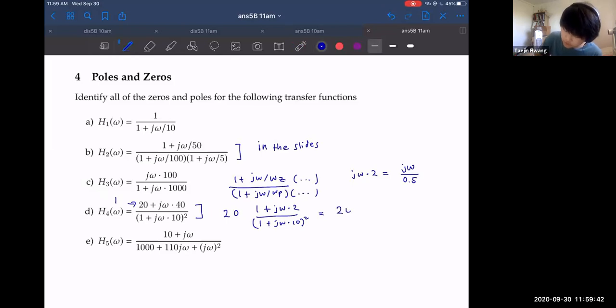So you can write this as 20 times 1 plus j omega over 0.5, all over 1 plus j omega, and then multiplying by 10 is the same thing as dividing by 0.1. And since we have a squared, this is going to appear twice.